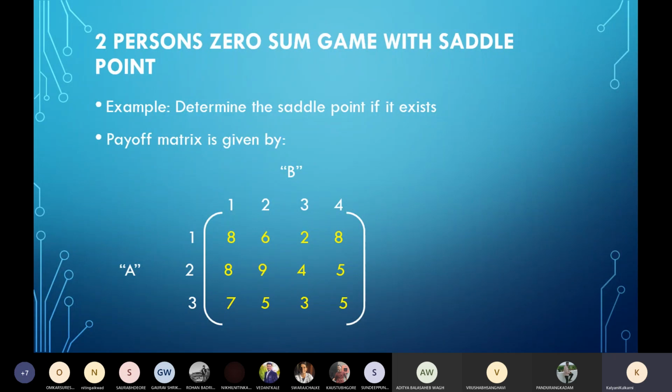In the exam, and in the practice problems in the term work that we are going to see eventually, you have to find whether there exists any saddle point in the first step itself. If there is a saddle point, that value is equal to the value of the game, or the value of that matrix, which signifies a game between two players.